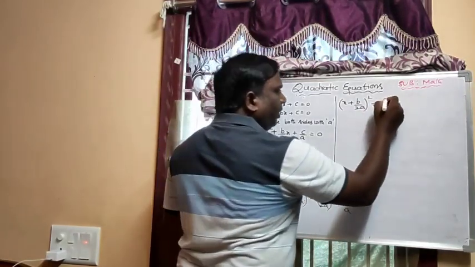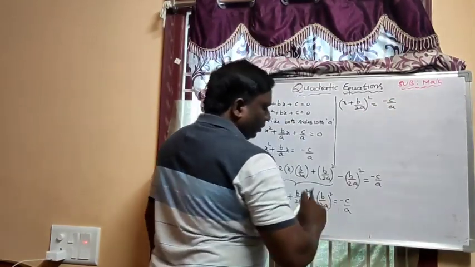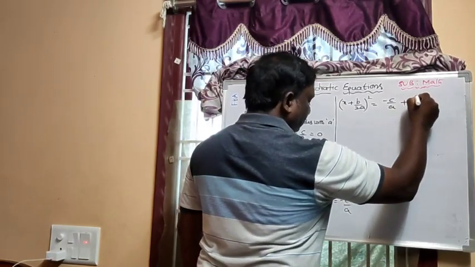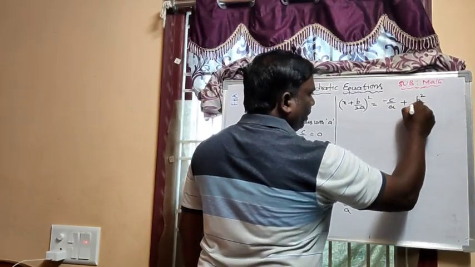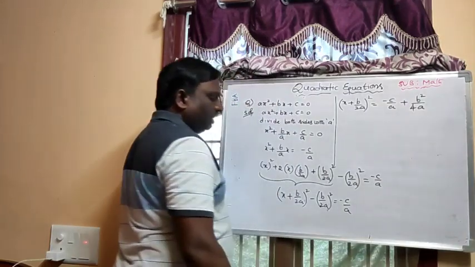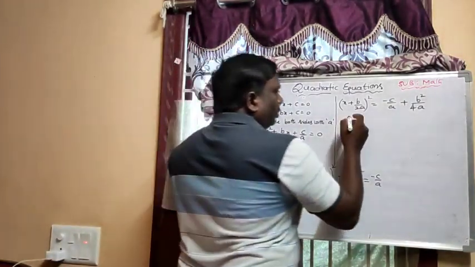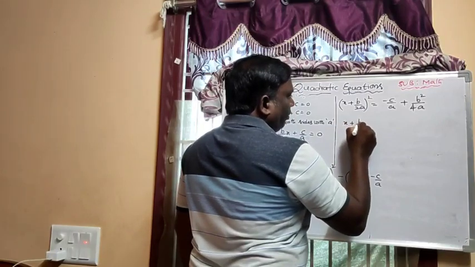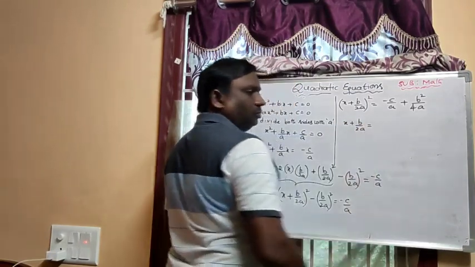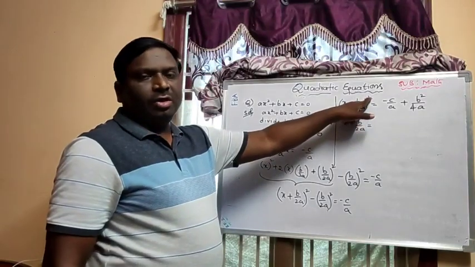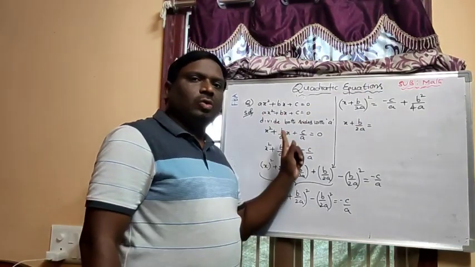Already here minus c by a is there, then it will go other side, plus b square by 4a square. I expanded here. Now x plus b by 2a equal to, I'm removing the square here. When you want to remove the square, take root on both sides.